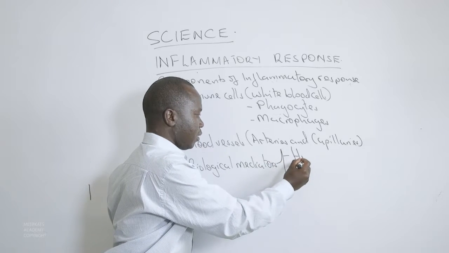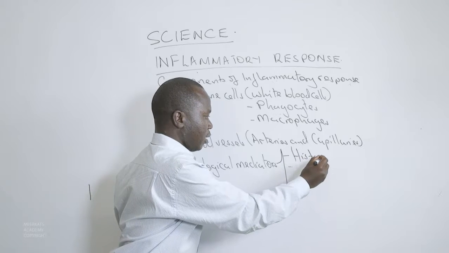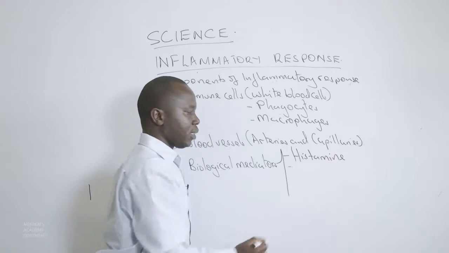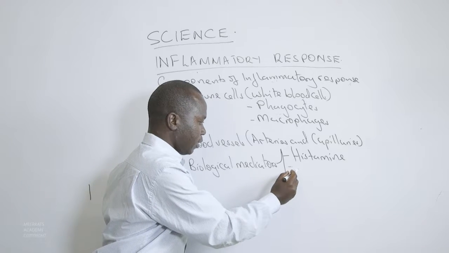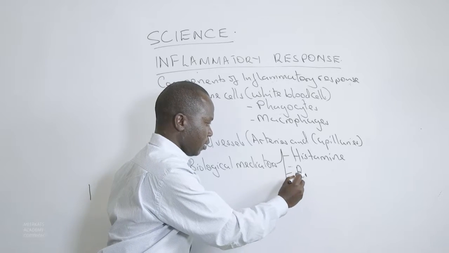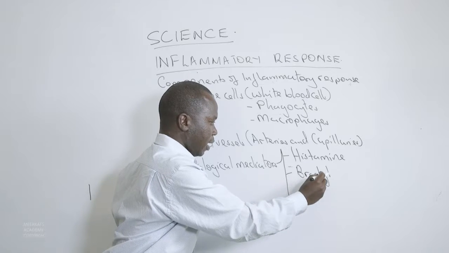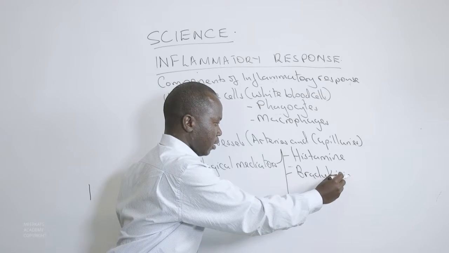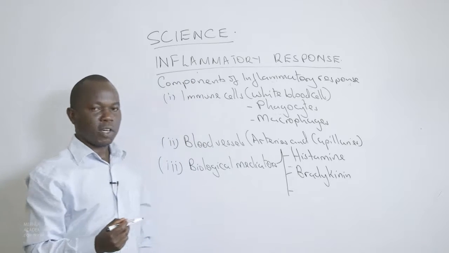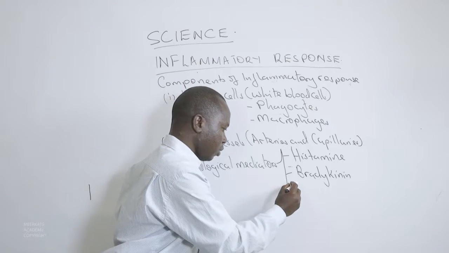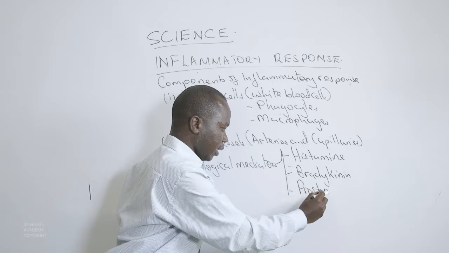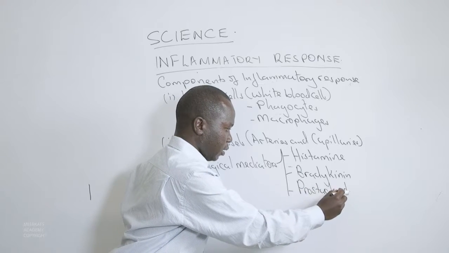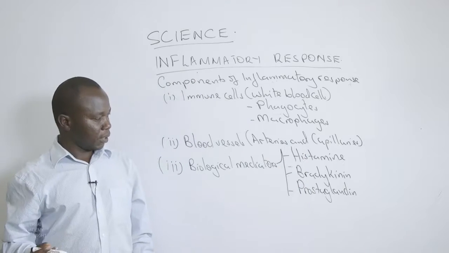We have a substance called histamine, a substance called bradykinin, and we also have a hormone called prostaglandins.